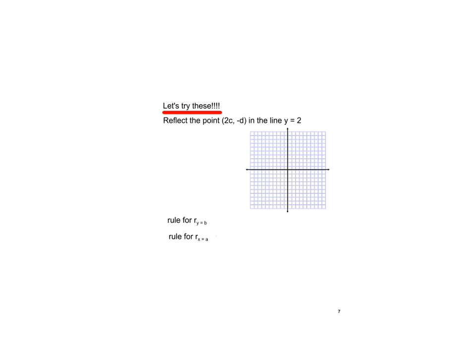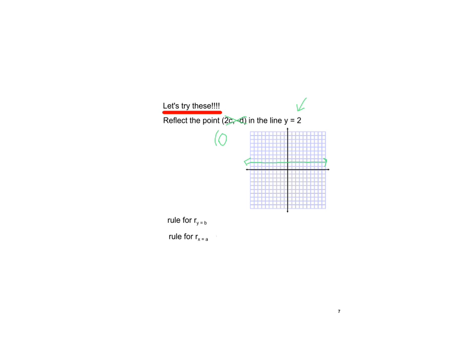And one last example, in the line y equals 2, this is a horizontal line at 2 on the y-axis. So this line here is the line of reflection. And again, we're going to utilize regular points instead of variables at this point in time.